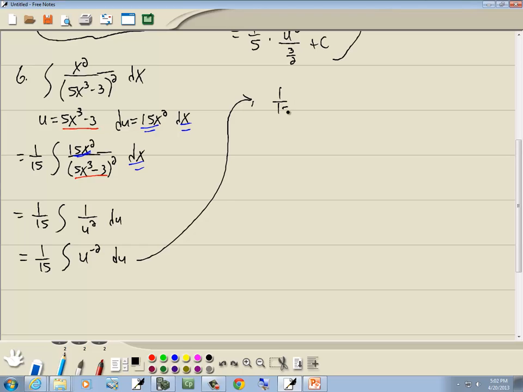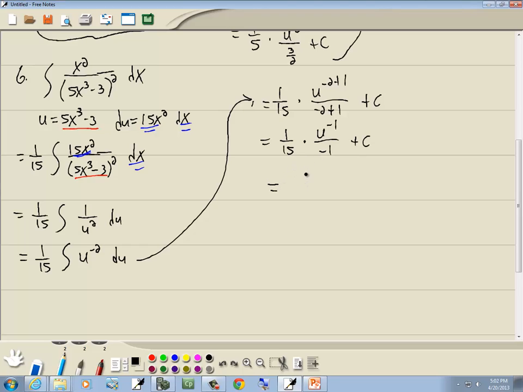Add 1 to our power, divide by our new power. So we got u to the negative 2 plus 1 over negative 2 plus 1 plus c. Gives us 1/15 times negative 2 plus 1 is negative 1, and same thing here, plus c.